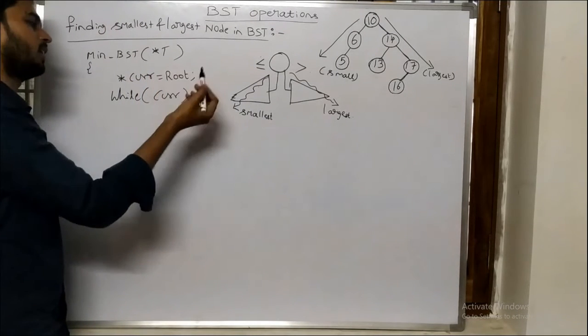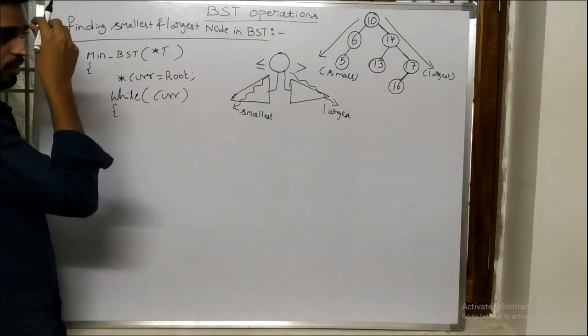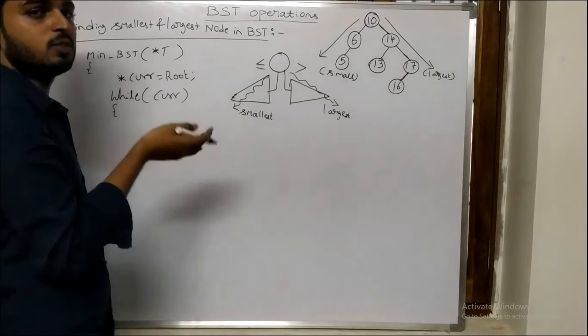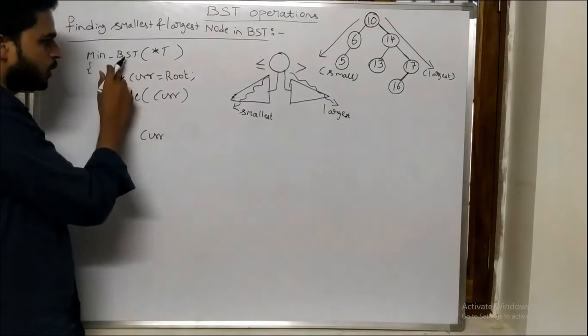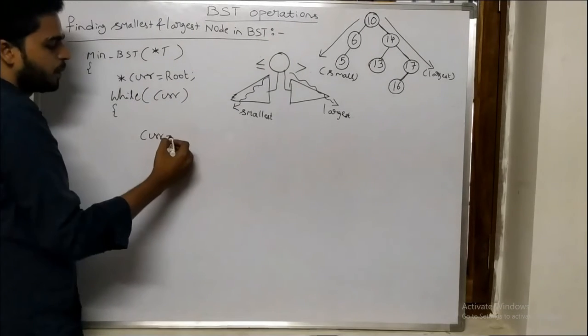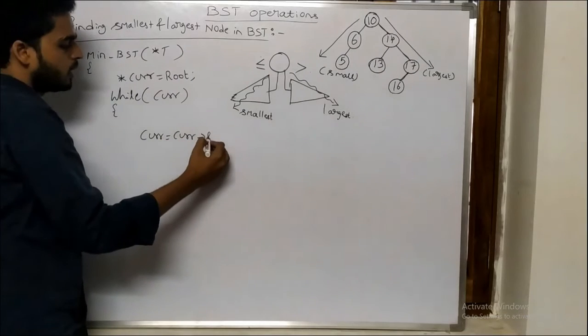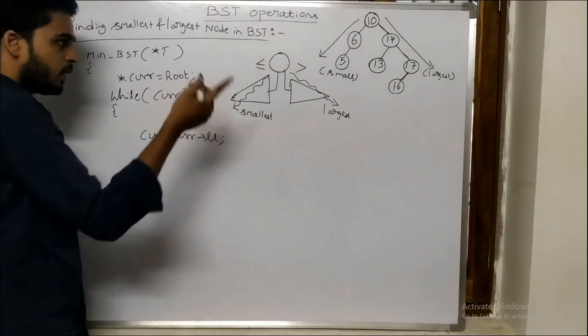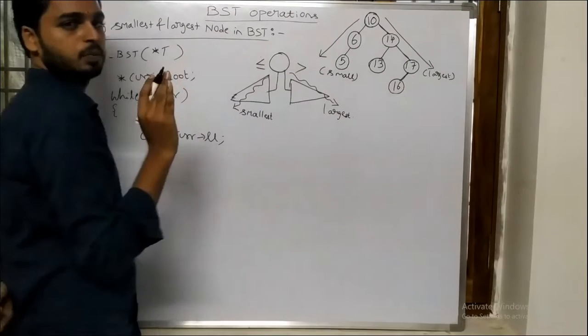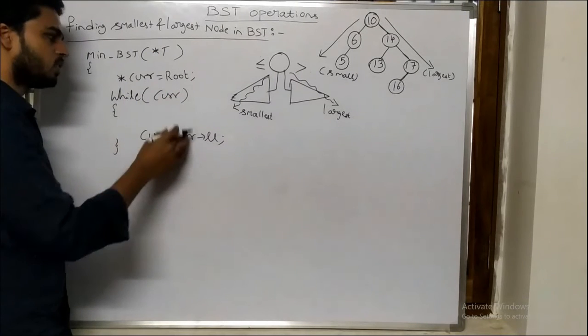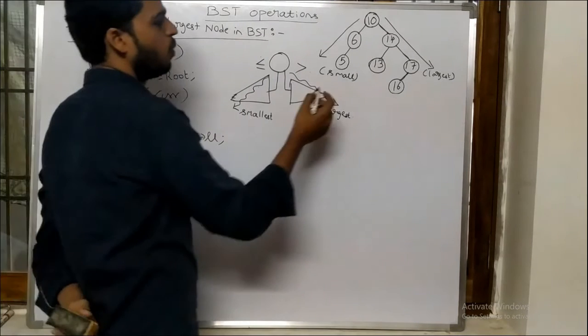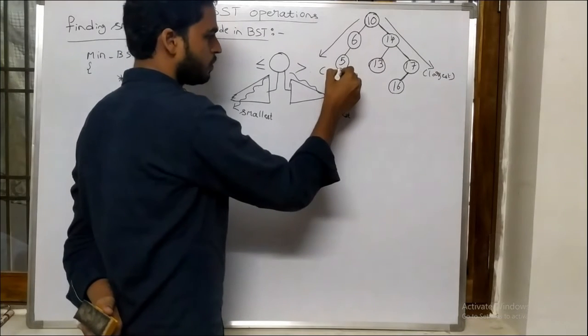Why am I taking current? While current has some address, what do we need to do? As it is a minimum, we need to traverse to the complete left side every time. Current equals current's left link. Every time we need to traverse to the complete left side.